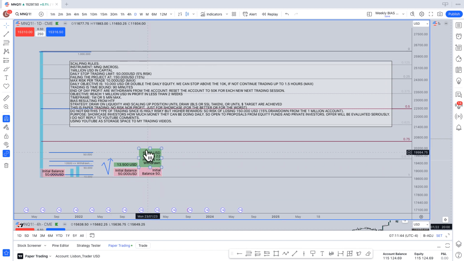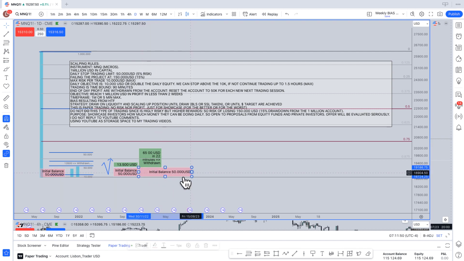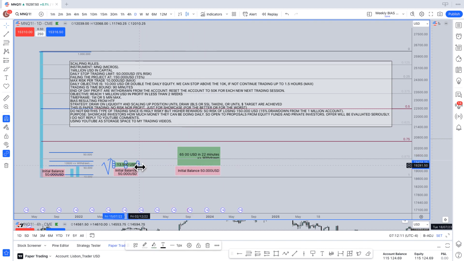And this was the second one where we started with an initial balance, so we reset this to 0 every time we start a new trading, and we basically doubled in 22 minutes. So this is the information I'll be putting in these boxes.